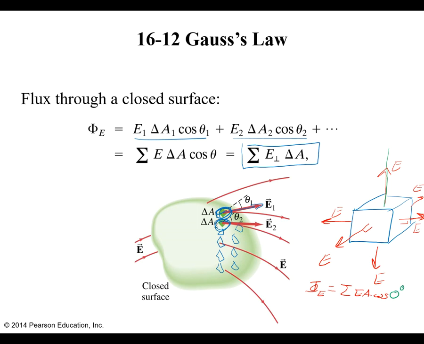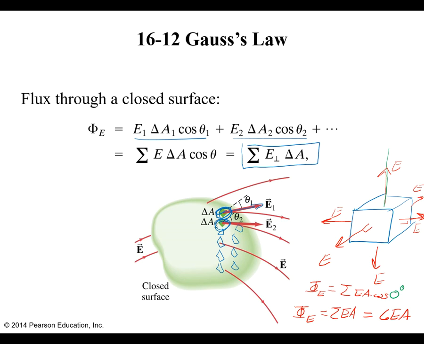Therefore, that needs to be 0 degrees. That's important because cosine of 0 is 1. If we did cosine of 90, we'd get 0. That'd be a problem. So in this case, the electric flux then would be the sum of the electric fields times the areas. Well, the electric field is the same through all sides. The area is the same on all sides. And there are 6 sides, so that'll just be 6 times the electric field times the area, whatever that is. So there's a quick, simple example of calculating electric flux.